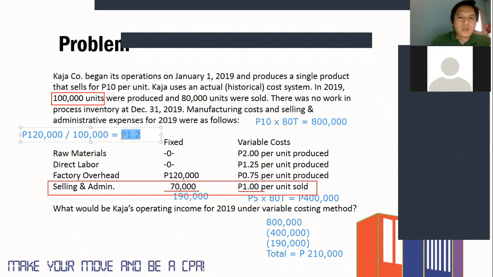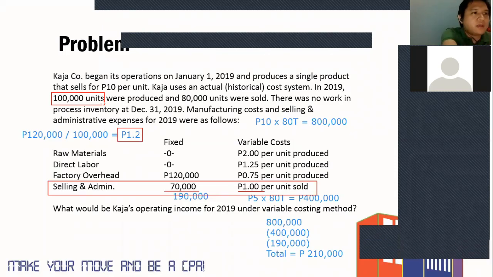Now, anong significance nito na compute natin? This amount that we have computed is important for us to compute the difference of profit between the two methods. Let me show you. Remember, 100,000 units were produced.